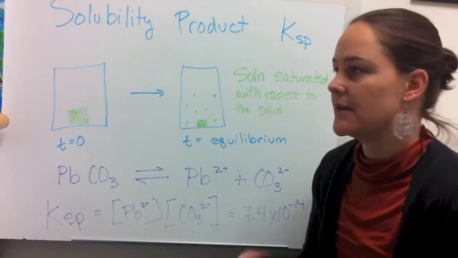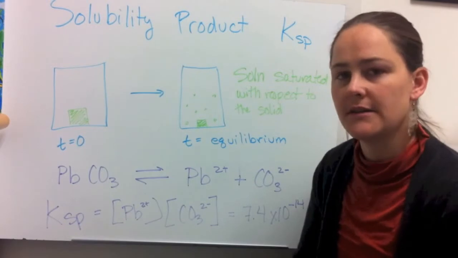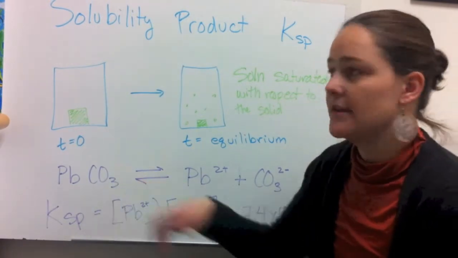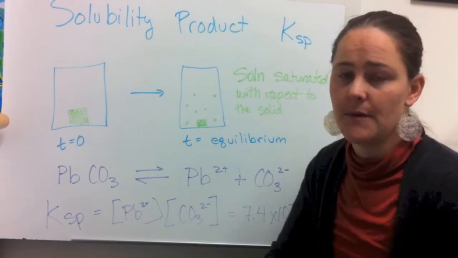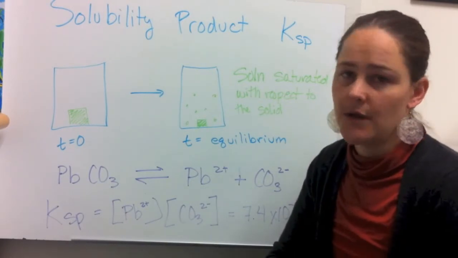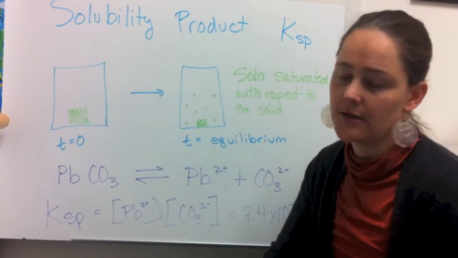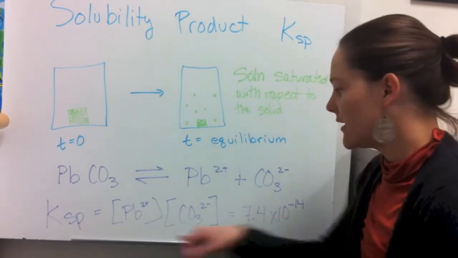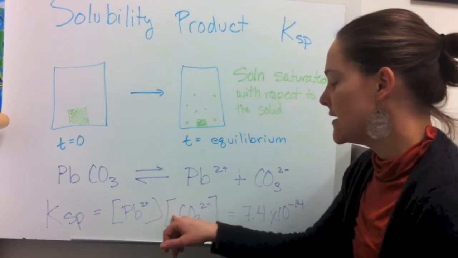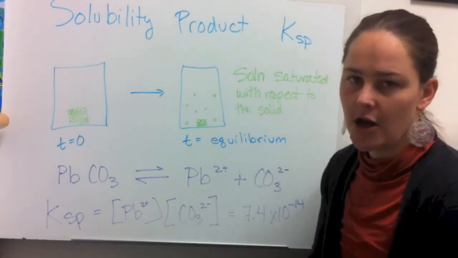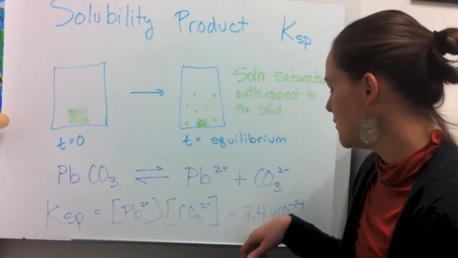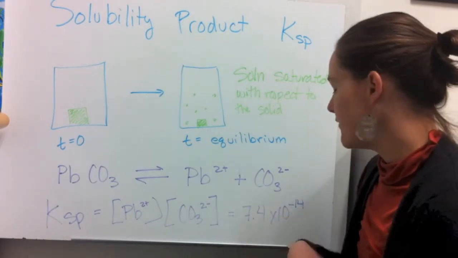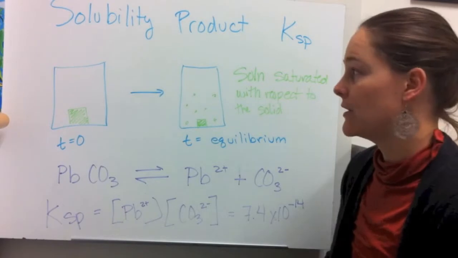Usually the equilibrium constant is products over reactants, but in this case the reactant is a solid, and as you remember, solids and liquids do not participate in the equilibrium expression. So the concentration of lead 2+ times the concentration of carbonate in solution are going to equal a specific number, which is the KSP. And in this case, it's 7.4 times 10 to the negative 14th.